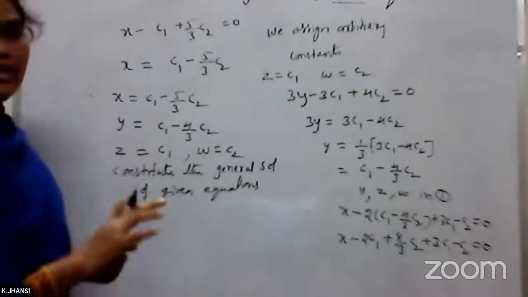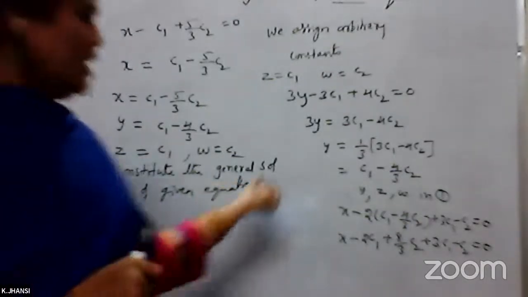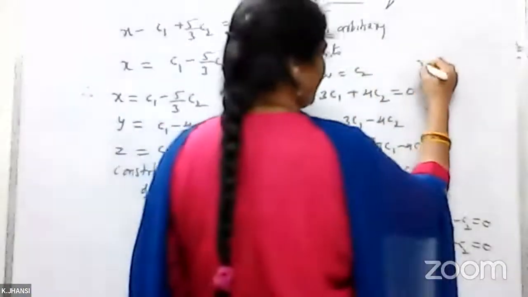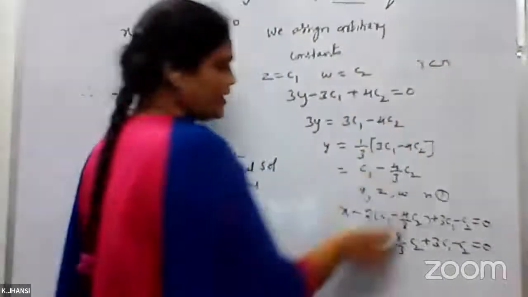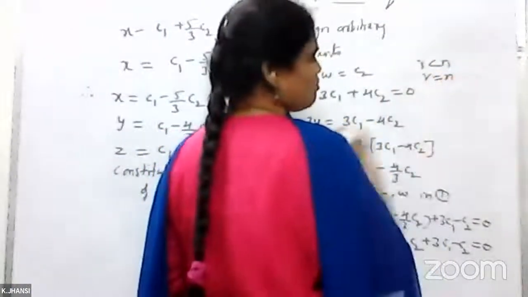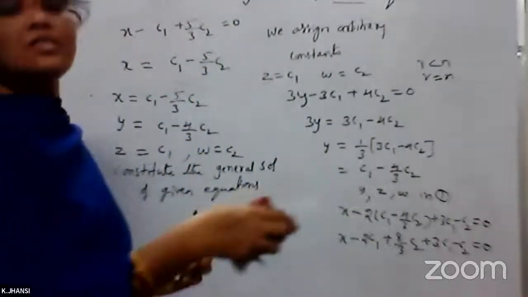So this is the procedure for all problems. If you get n minus r as something, where r is less than n, you will get solutions like this. If r and n are both the same, you will get x1, x2, x3 and so on as zeros.